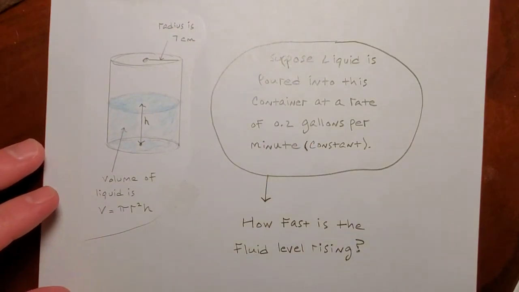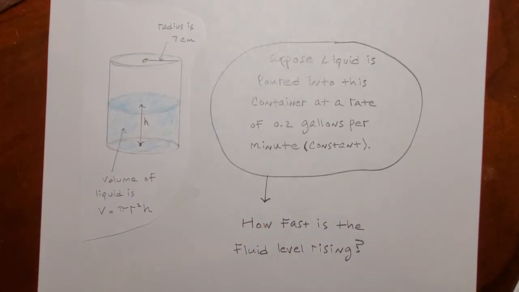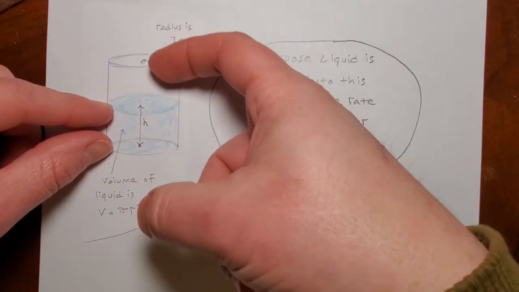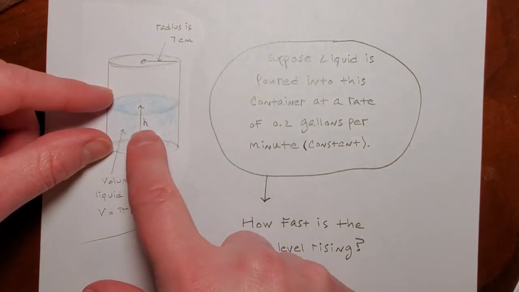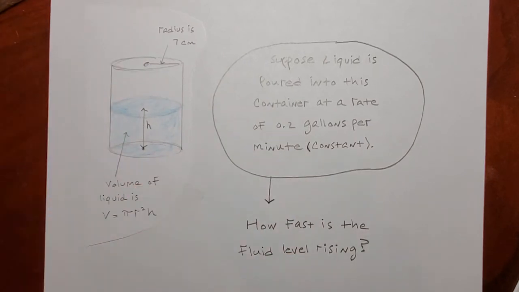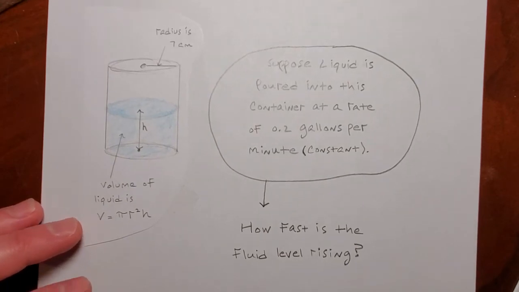So there's my setup for you, and I want to ask you, how fast is the fluid level rising? If the liquid's getting poured in, this depth h is going up, however quickly it's happening.